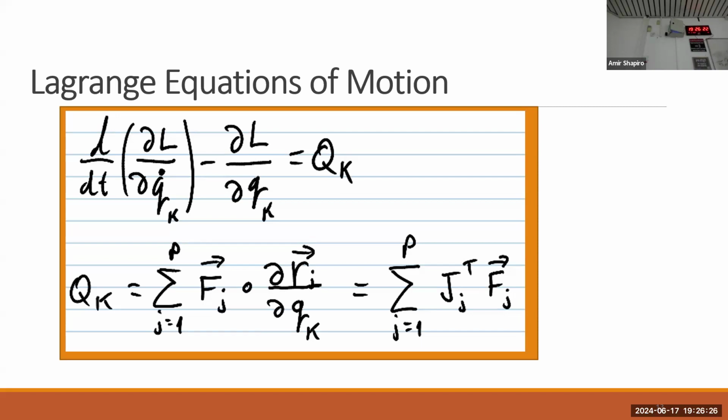And since we have a dot product, we can write this as F transpose dr/dq, or take the transpose of this in order to have a column vector, and it will be J transpose F. And we take only the j-th element of this vector.